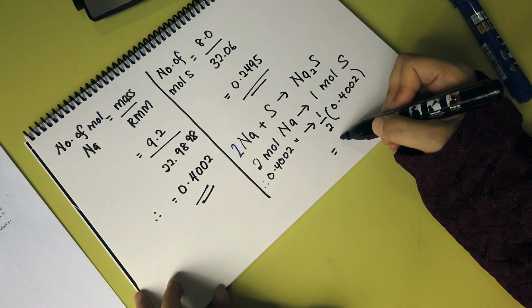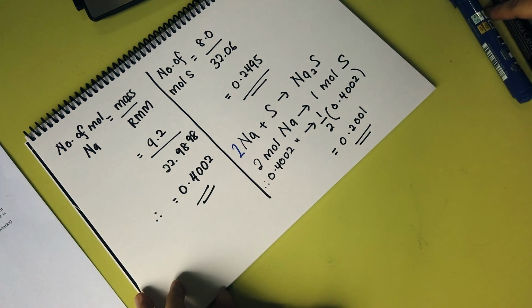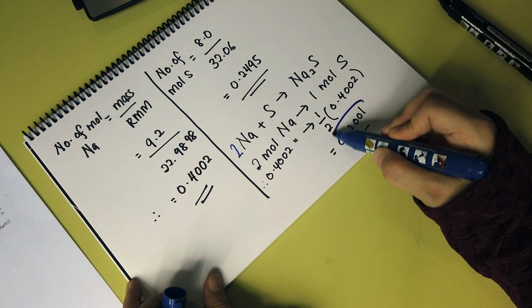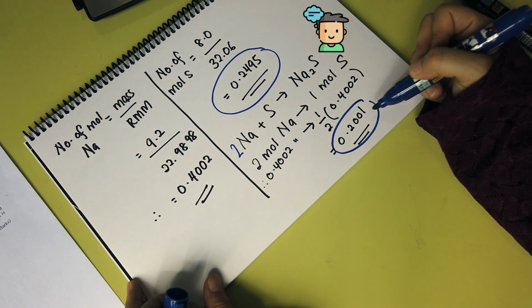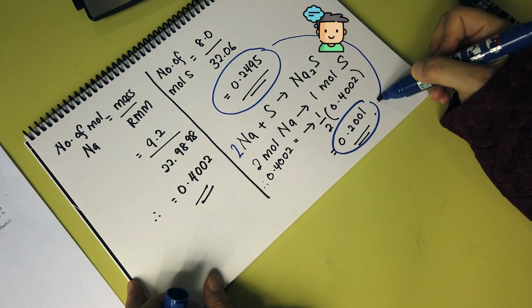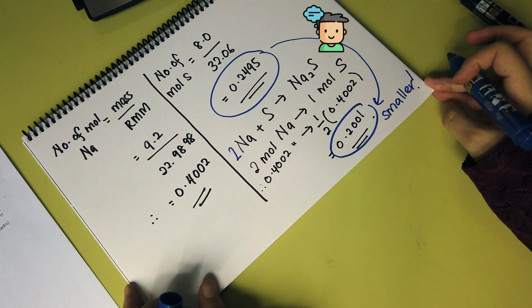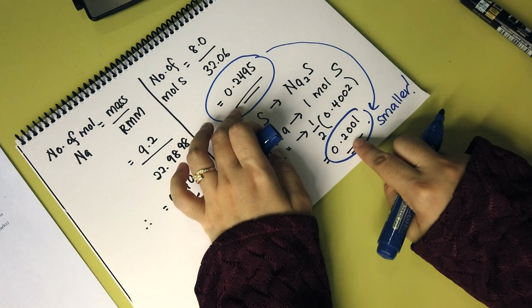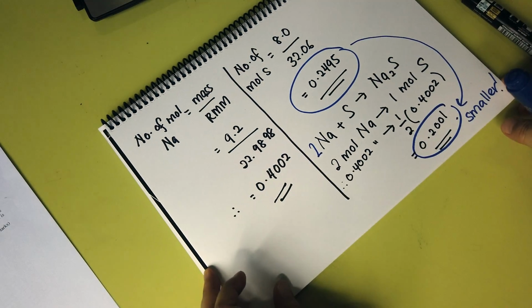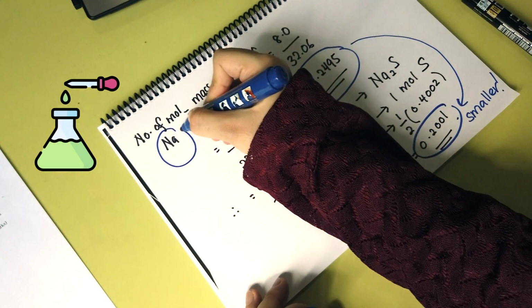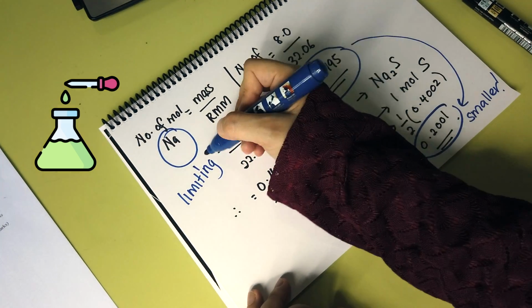You should get 0.2001 amount of sulfur that you need. So if you compare this value with this, definitely you can see that this value is way smaller. So since this value is way smaller, we can say that the actual limiting reagent is sodium.